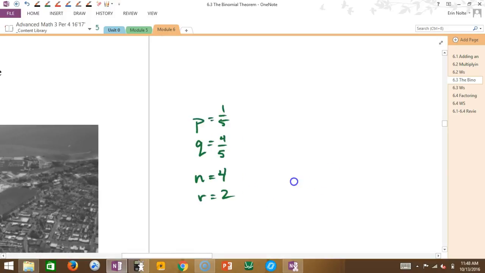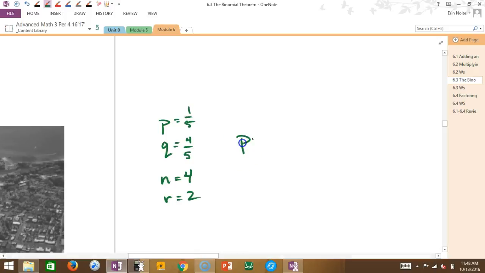Okay, so you got that little formula that you wrote in front of you? The P of R. We're going to fill that in, and then we're just going to literally type it into the calculator. So it goes nCr. What's my N? 4. So 4 combinations of 2. Do you understand what 4 combinations of 2 means?